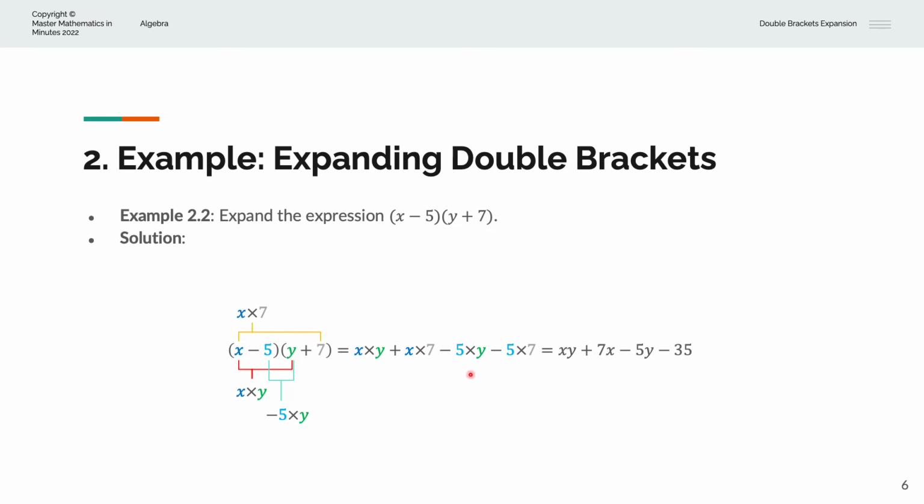And that gives us the third term as minus 5y. And the final step is to multiply minus 5 by 7, and that is the fourth and final term. So simplifying that, we have x times y as xy, x multiplied by 7 as 7x, minus 5 times y as minus 5y, and minus 5 multiplied by 7, that gives us minus 35.